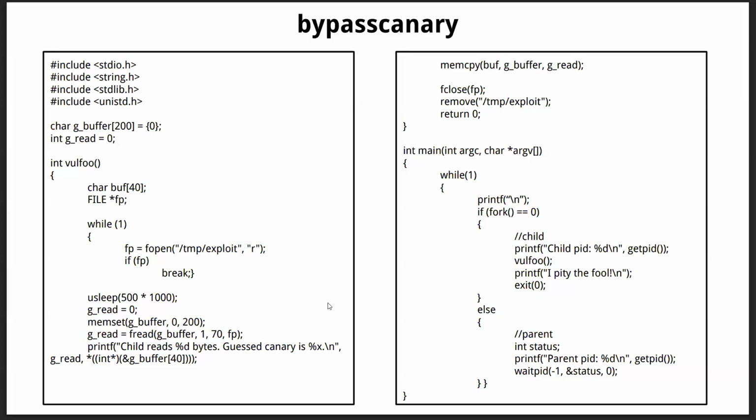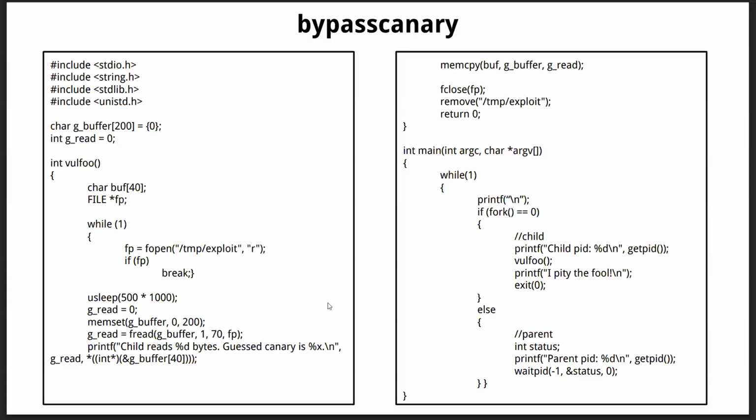That is probably where the problem is, because we're asking for 40 bytes, but it's reading 70 bytes. So maybe that will overflow things, right? Then it will also print out the child read how many bytes and what is the guessed canary. You use this to figure out where the canary is.